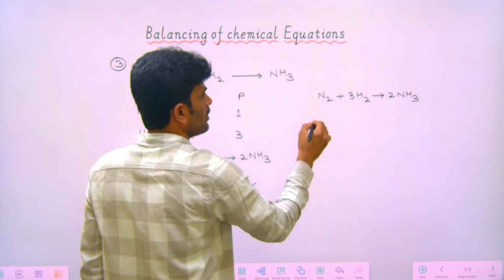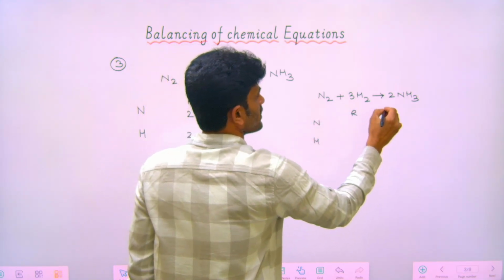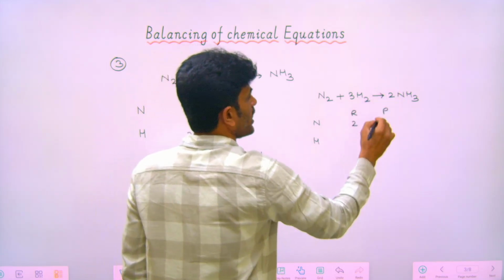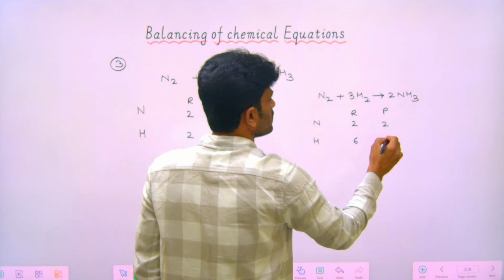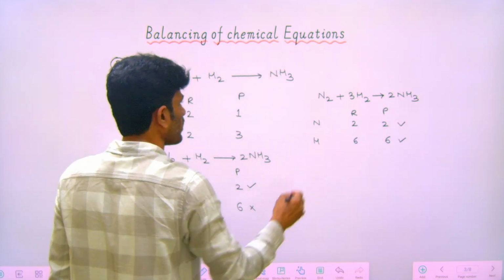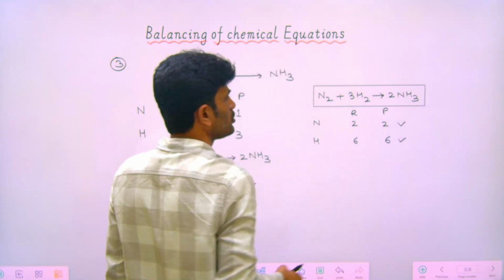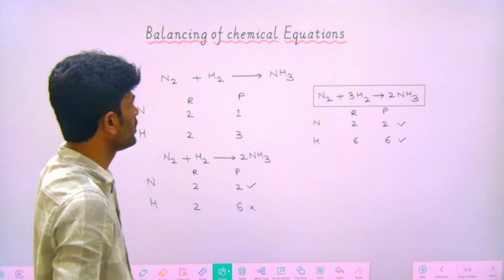Now check: nitrogens we have 2 here, there also 2. Hydrogens we have 6 here, there also 6. So nitrogens are balanced, hydrogens are balanced. So our balanced equation is N2 plus 3H2 gives rise to 2NH3. That is the balanced equation of the given equation.